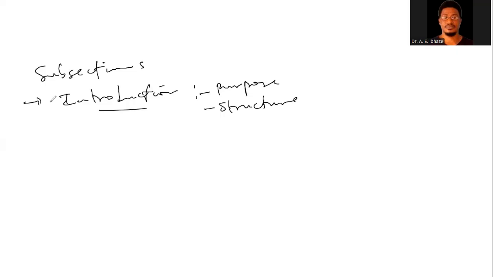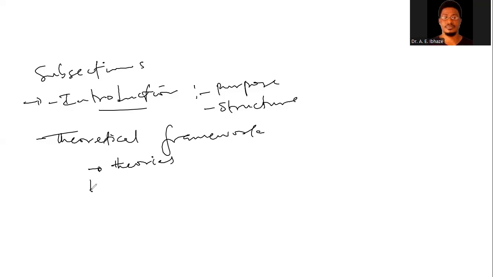Then afterwards, you want to provide a theoretical framework for the study. And this is where you end up reviewing theories and models, existing theories and models, okay? So here we're saying existing. And when we talk about existing theories and models, they must be related to your study area.